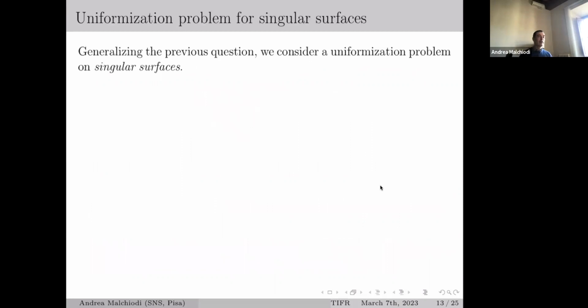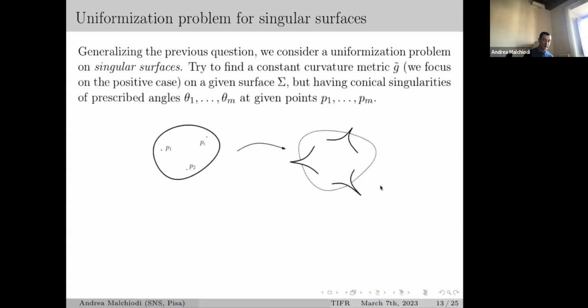Okay, so extending the uniformization question, you can also ask it for conical surfaces, when you have singular points. The goal will be to try to find a metric G tilde with constant curvature on a given surface Sigma, but having prescribed conical points P1, ..., Pm, with angles θ1, ..., θm.